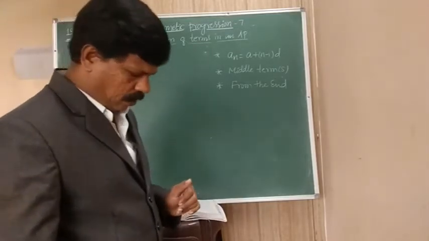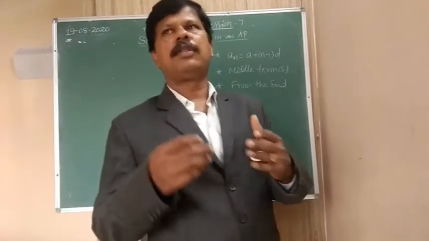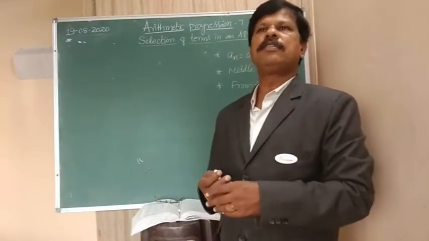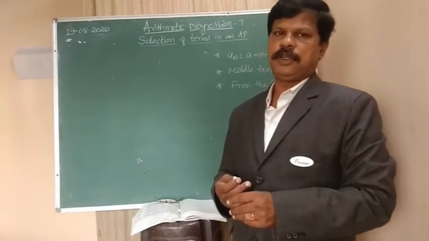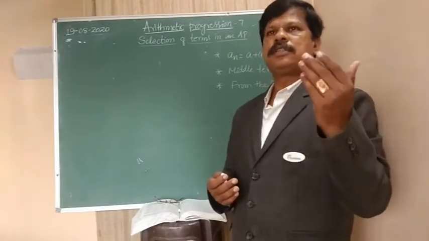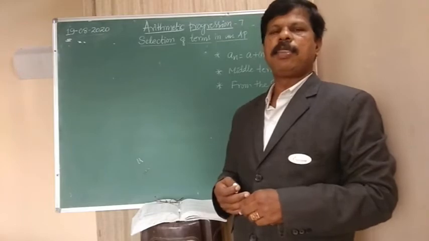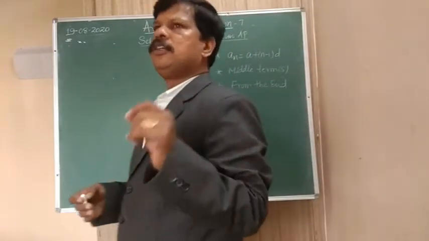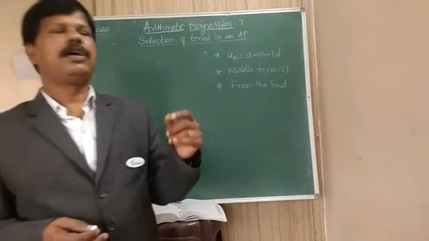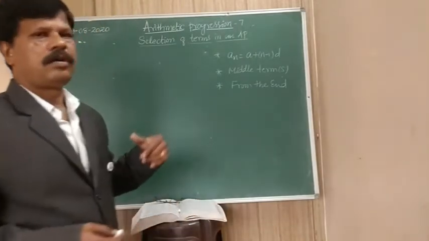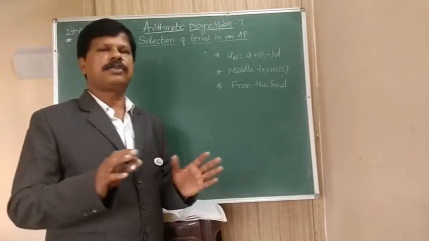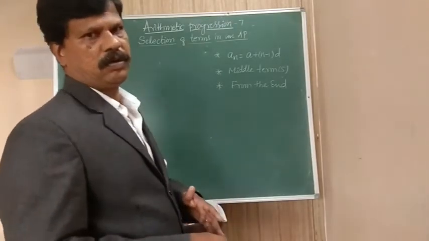Now, they are giving some hints and we should find out the number of terms. There are several methods, but I am showing you a particular method. You should follow that instead of the actual method, which is lengthy and inconvenient.